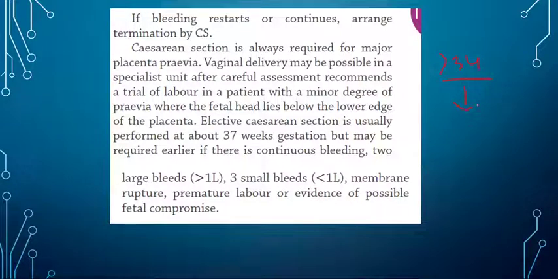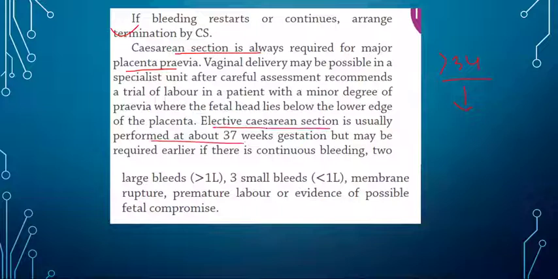If the patient is not bleeding anymore, then you can try to prolong the pregnancy until term. But if the patient starts bleeding or bleeding continues and you can't stop it, then you have to arrange urgent termination by cesarean section. Cesarean section should always be done for the major grade of placenta previa. Vaginal delivery should not be attempted.